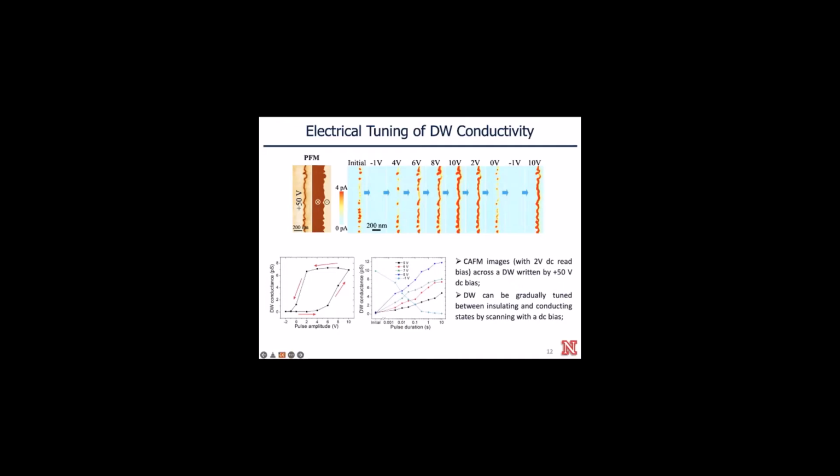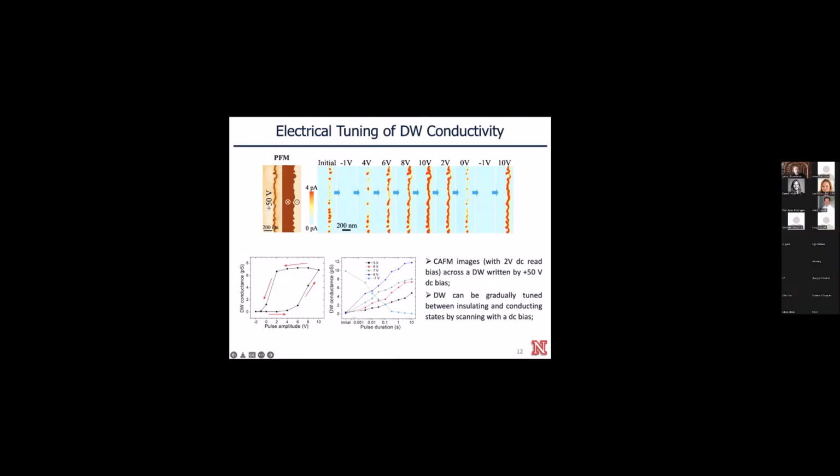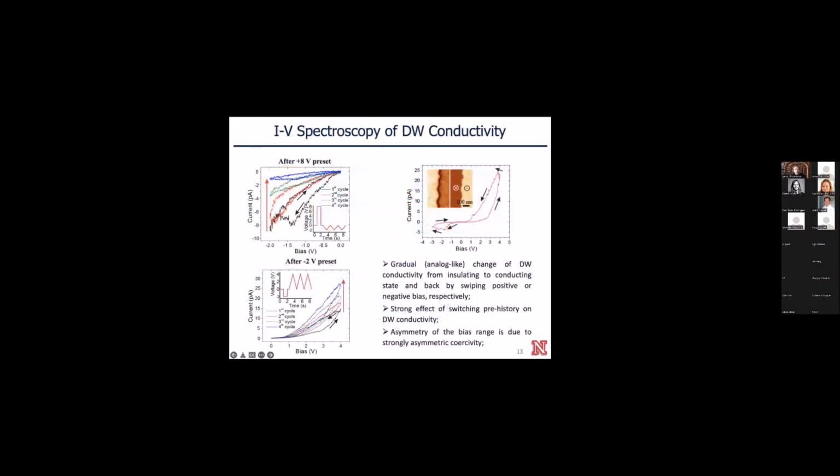So low conductivity can be created by small negative bias, while we can reach much higher conductance if we apply a small subcoercive positive bias. So, a clear effect of electrically tunable domain wall conductivity.